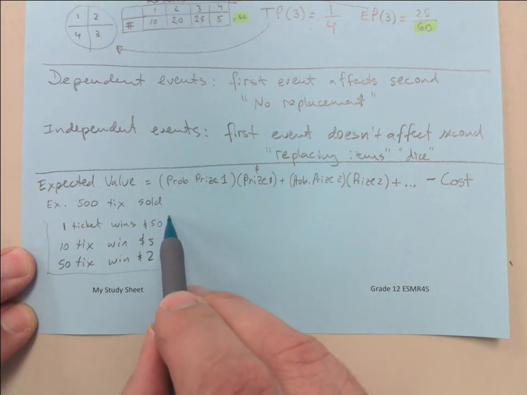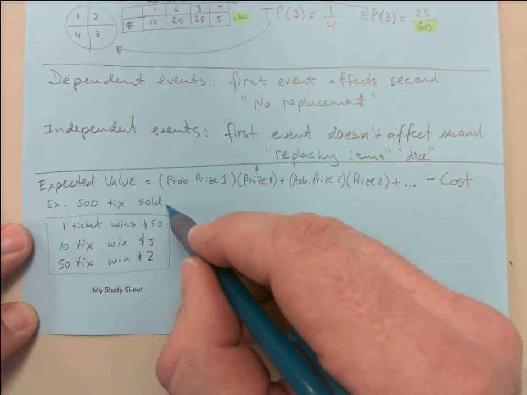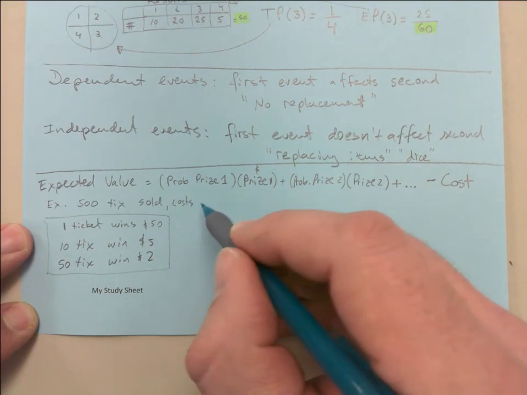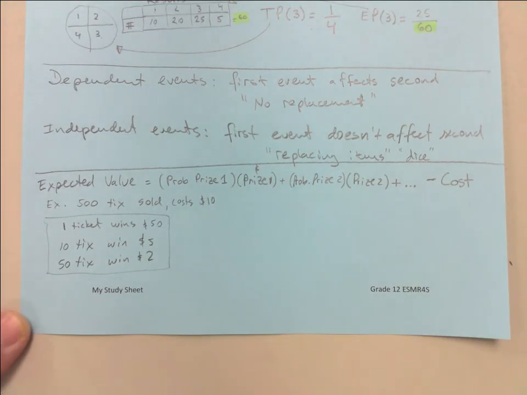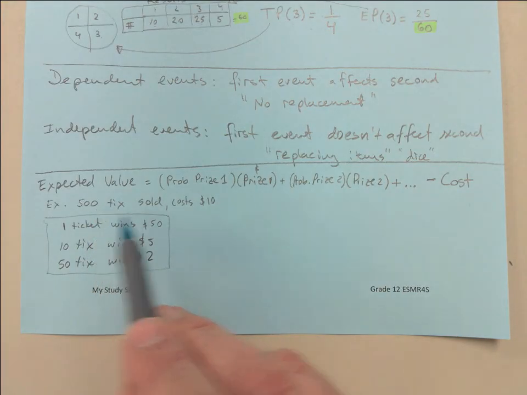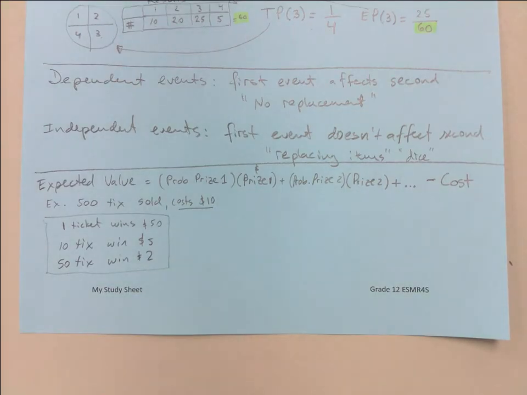This is a bit of a table. Let's say costs $10 to play. So there's a raffle, and 500 tickets are all sold, and every single ticket costs you $10.